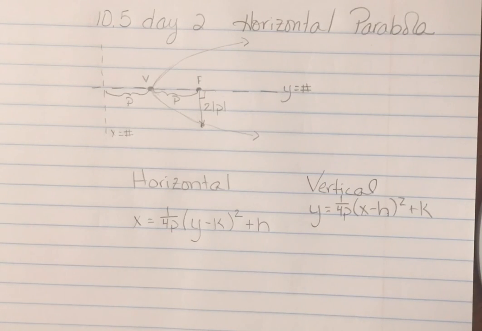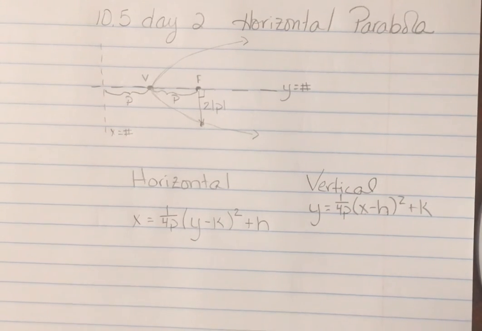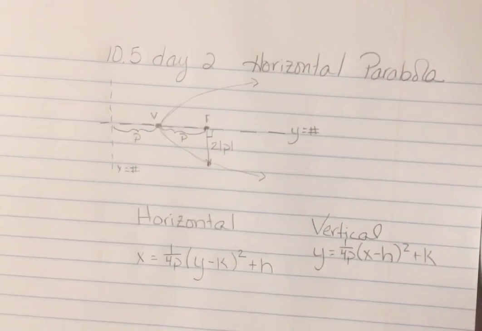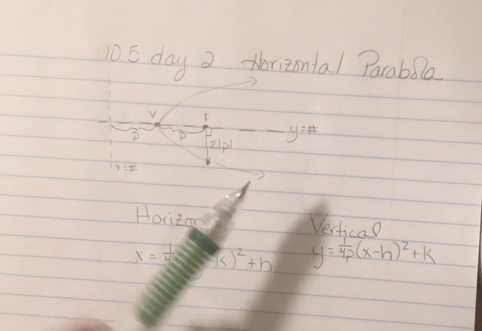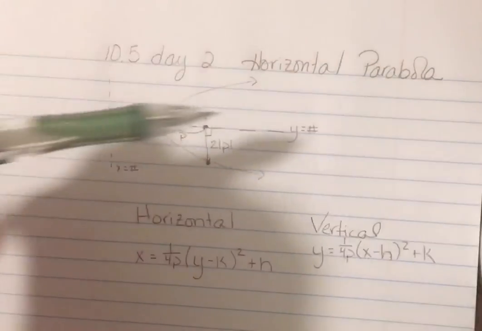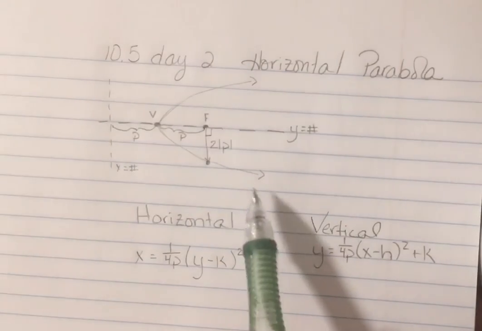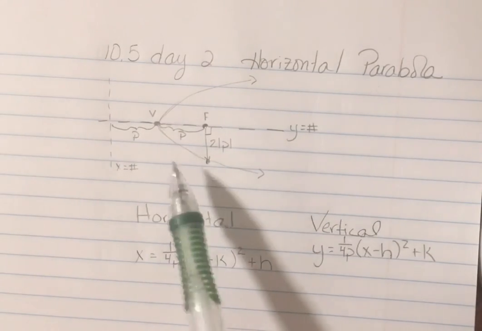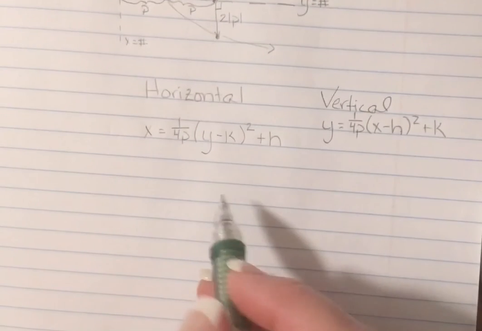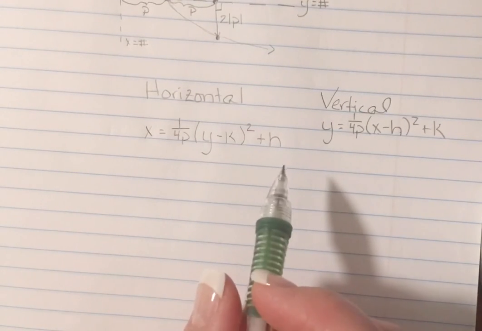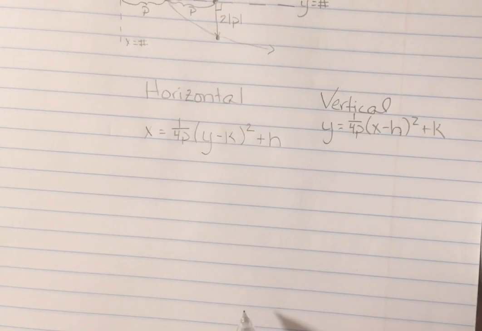Some things have changed a little bit, and it feels a little weird as you're doing it, but I'm confident that you guys will pick up on this very quickly. Now, I hope that you noticed that my parabola is opening to the right. A parabola can open to the right or to the left. Remember how a negative p made it reflect across the x-axis?